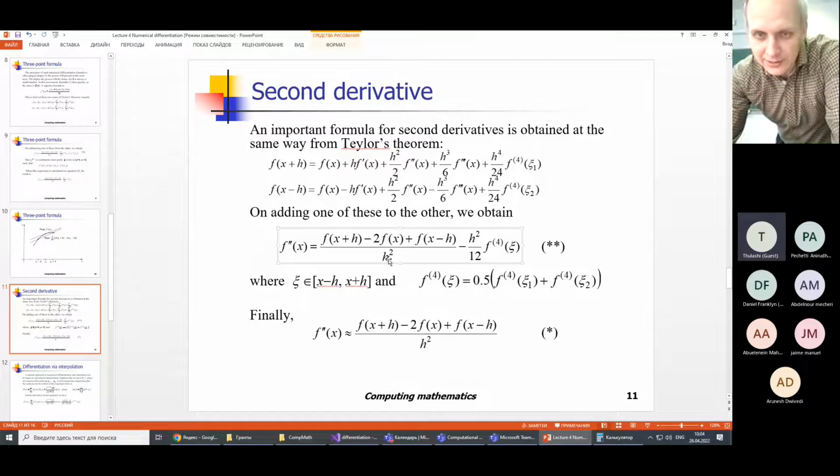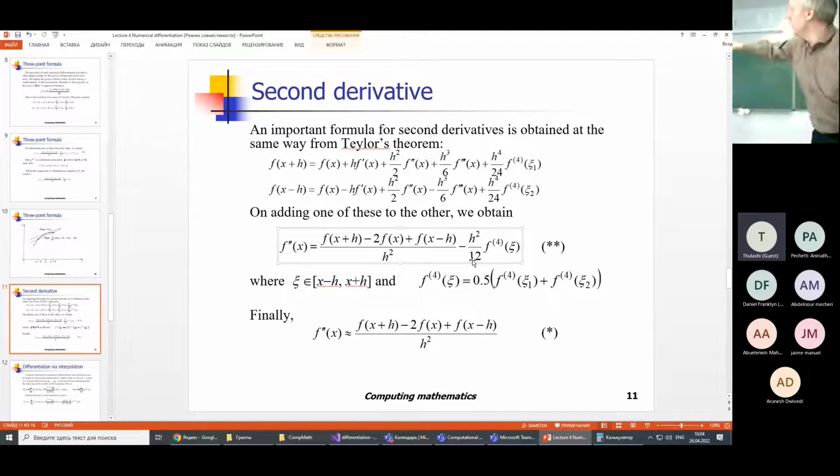Please, let's compare these two formulas. This is the exact equality. The second derivative equals this first term, and the second term is the error. Let's look at this error term. You see that this error term depends on h squared, and we discussed that if we take h as a small value, the error becomes smaller.